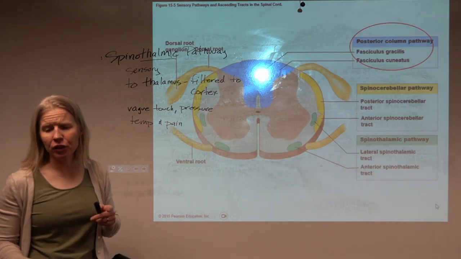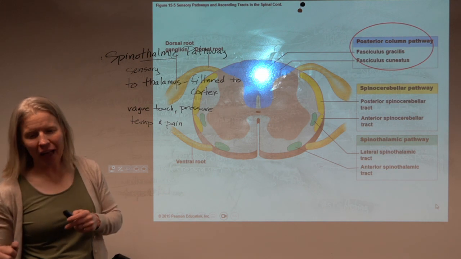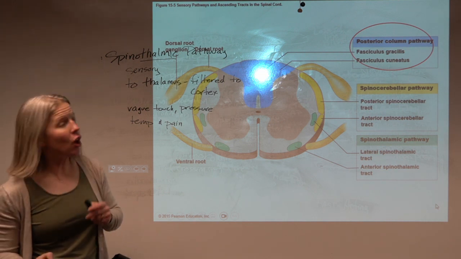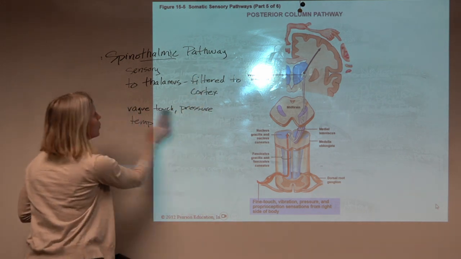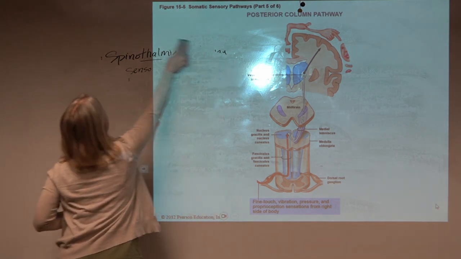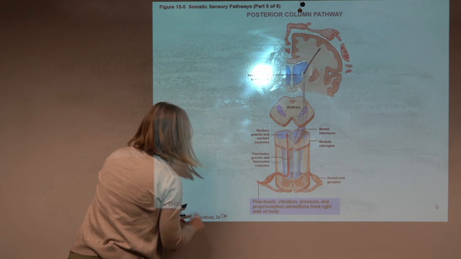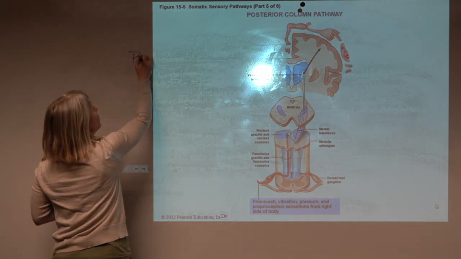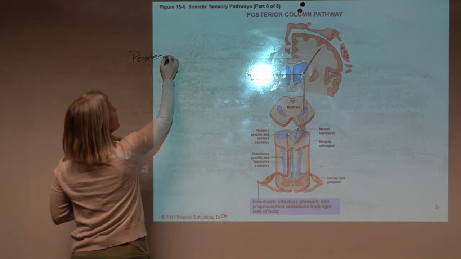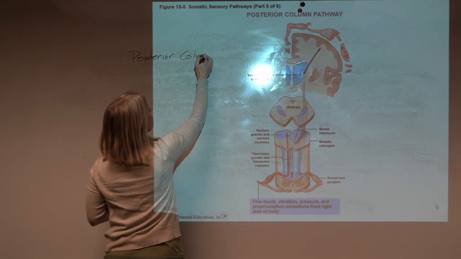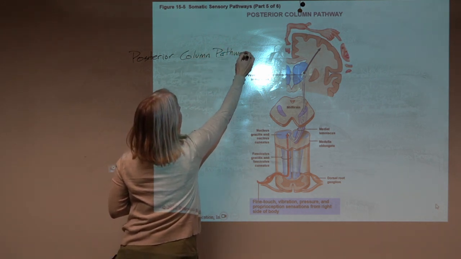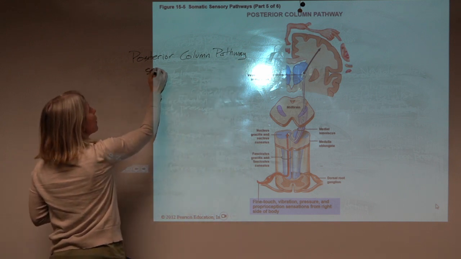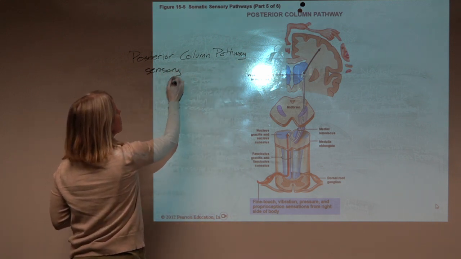The posterior column pathway. This is also carrying information that is going to make it to our consciousness. Right? It's carrying sensory information.